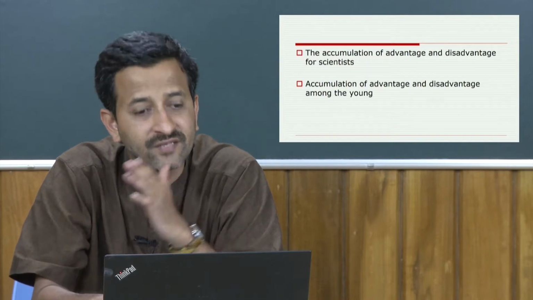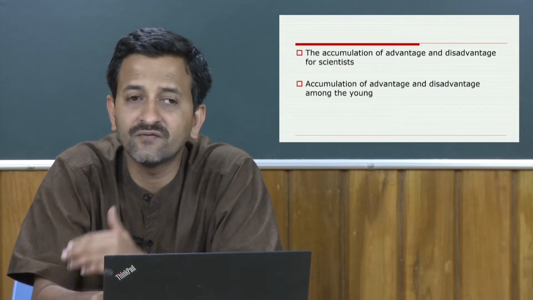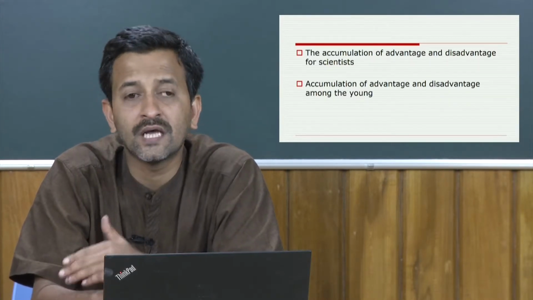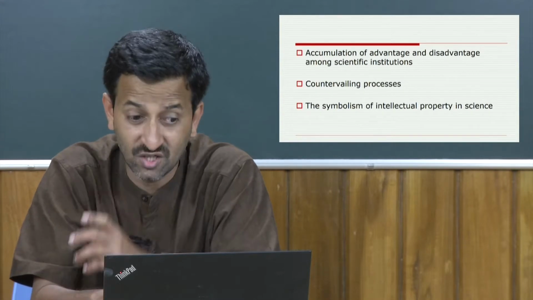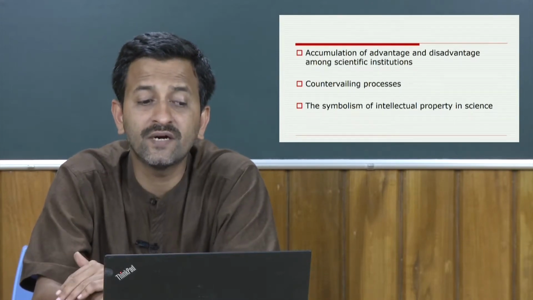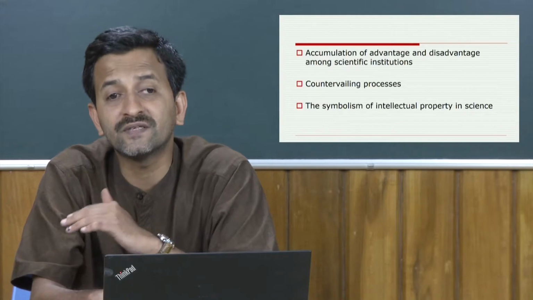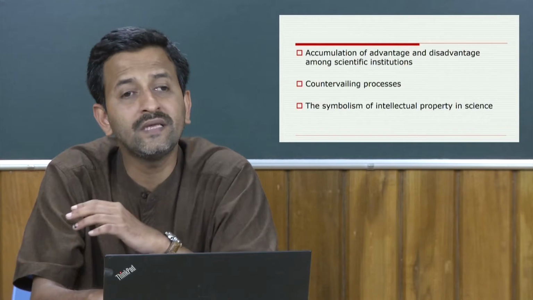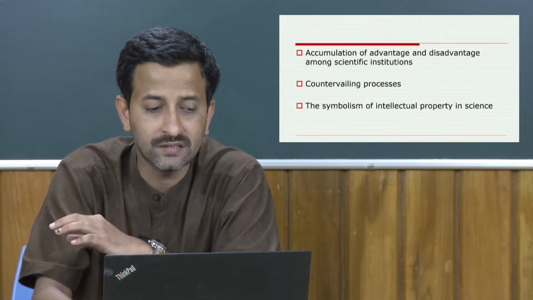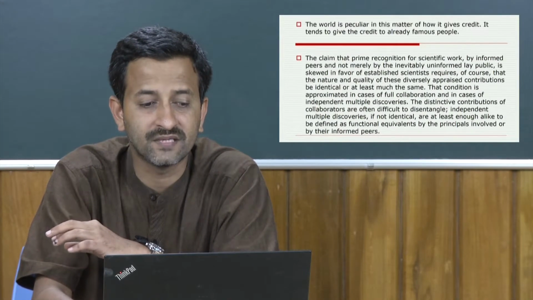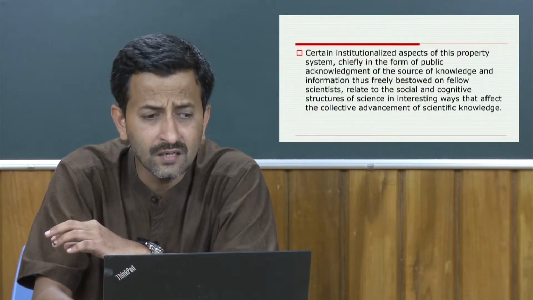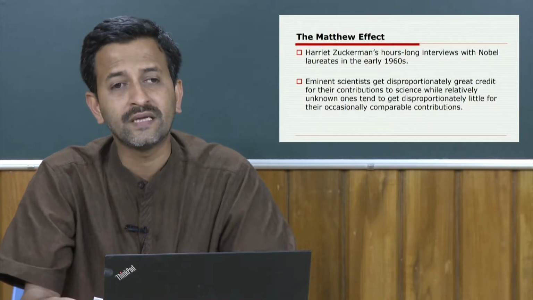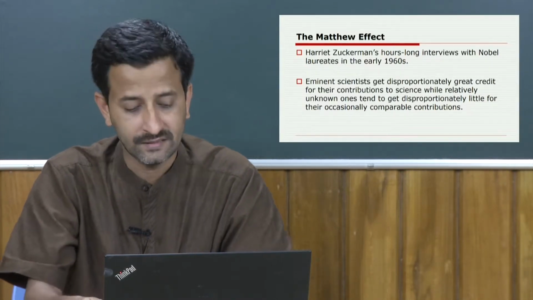The accumulation of advantage and disadvantage for scientists, among the young scientists in particular, then accumulation of advantage and disadvantage among scientific institutions, research organizations, research institutions, followed by countervailing forces and the symbolism of intellectual property in science. Now, let us see how the Matthew effect in science in its generality may be discussed.